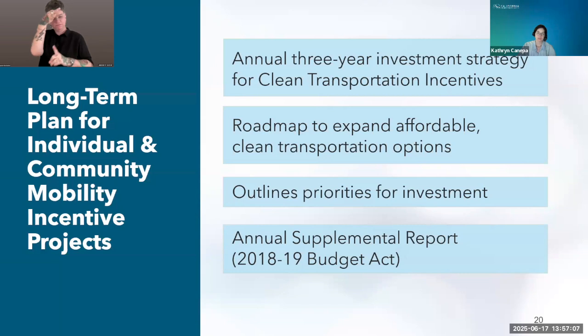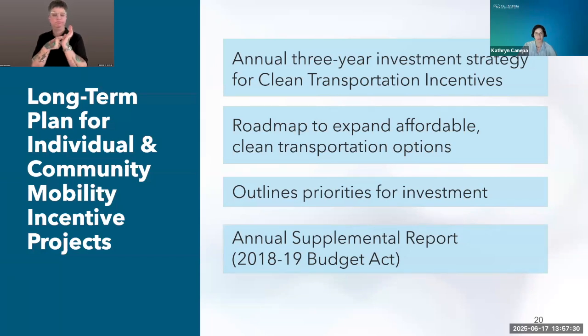It includes a light-duty vehicle affordability analysis, given the current incentive landscape. And it includes an analysis of 3-year funding need for CARB's light-duty vehicle and clean mobility projects, as well as a discussion of staff's longer-term vision for these projects. Lastly, the long-term plan serves as the annual supplemental report required by the 2018-19 Budget Act.